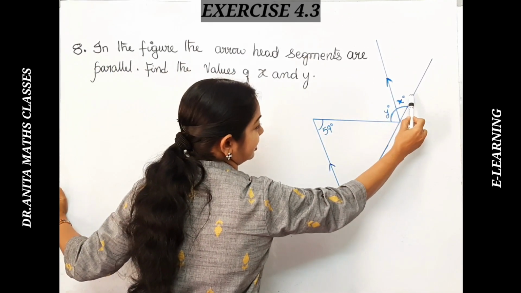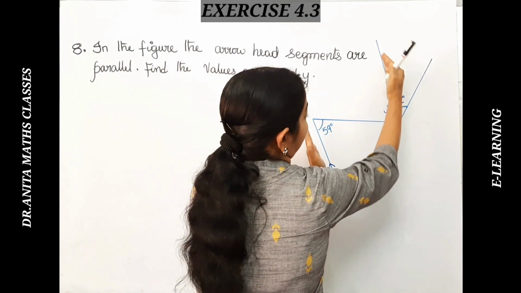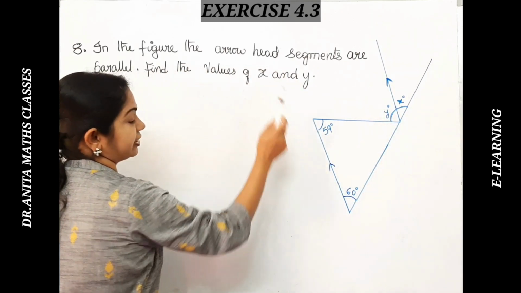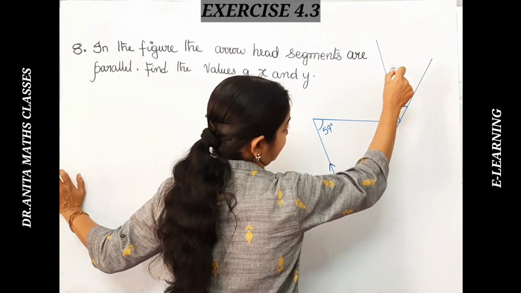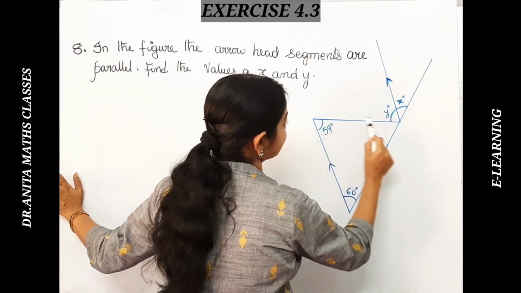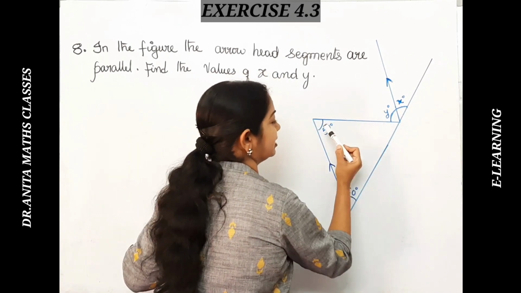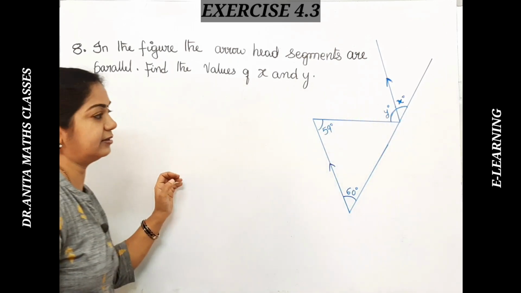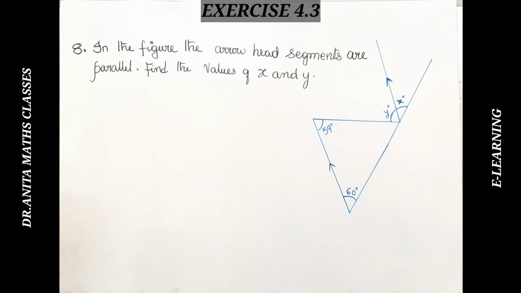We need to find the value of x and the value of y. If these two arrowhead segments are parallel, this line here is the transversal. If this is the transversal, this angle 59 degrees and the y angle are alternate interior angles.